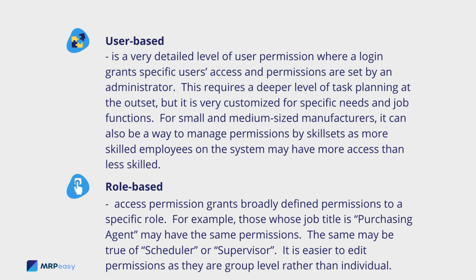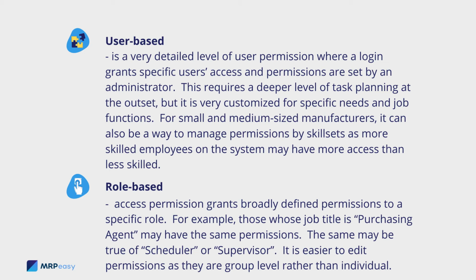This requires a deeper level of task planning at the outset, but it is very customized for specific needs and job functions. For small and medium-sized manufacturers, it can also be a way to manage permissions by skill sets, as more skilled employees on the system may have more access than less skilled.